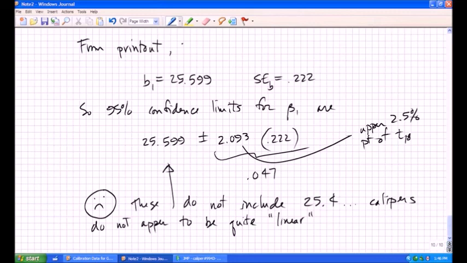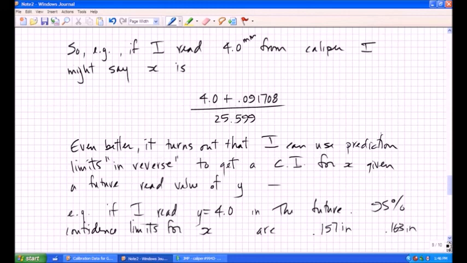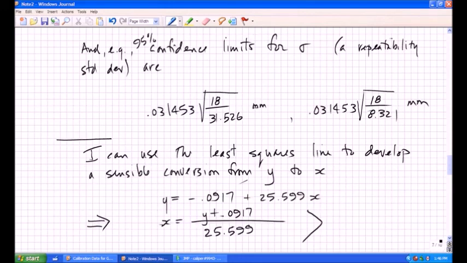That may involve having to invent a conversion between what is measured, Y, and what should be treated as a measurement X, and I may very well need to get that by taking a least squares line and solving the equation of the least squares line for X as a function of Y, and treating that as a conversion scheme.